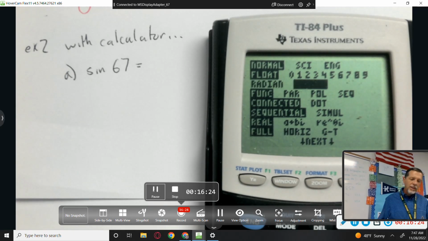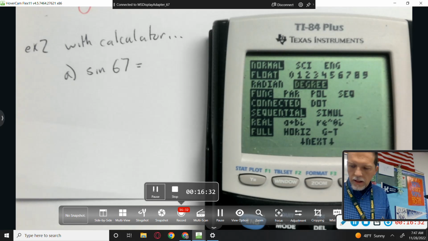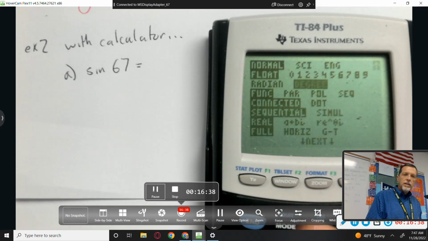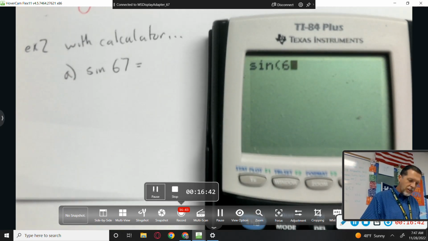Especially if you have a calculator that a calculus student used, they would be in radians most likely. So change it to degrees, and then all you got to do is hit sine of 67.